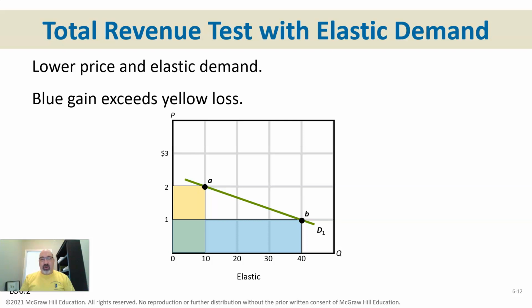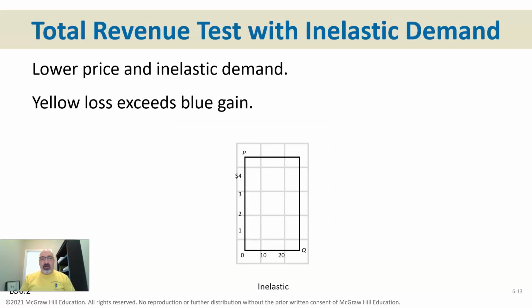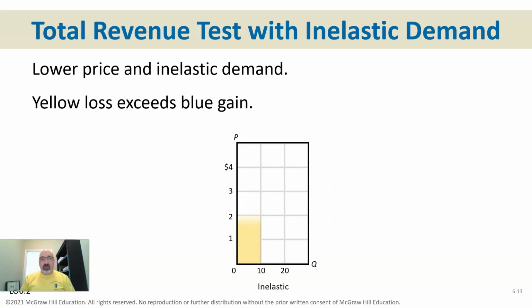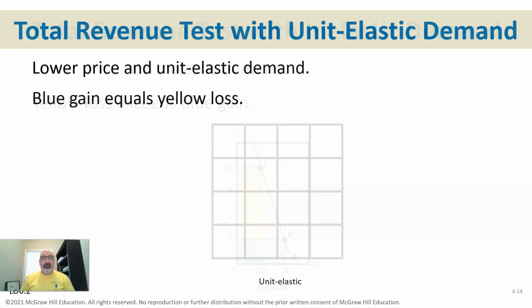So you get more in revenue by lowering your price. And in an inelastic one, if you lower your price, the loss that you get by lowering the price is greater. That yellow loss exceeds the blue gain from the quantity. So it's a bad idea to lower your price if you have an inelastic good.